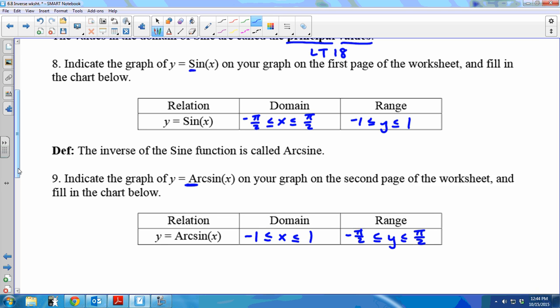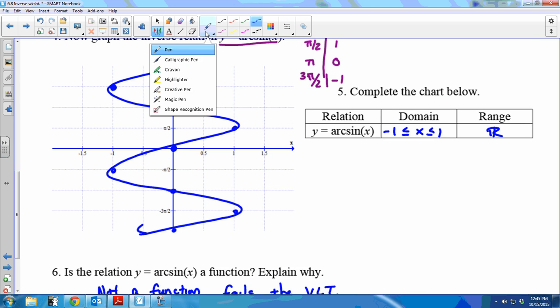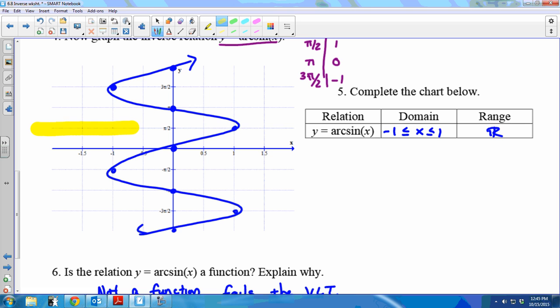And we're going to go back and put that on our graph as well. So once we fill it in, we can go back and we'll mark which part is capital A arc sine. So the range is from negative pi over 2 to pi over 2.